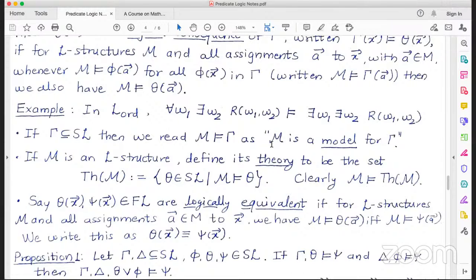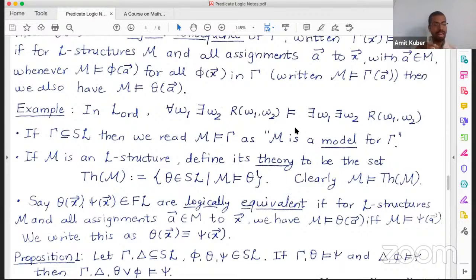Universe is on the semantic side. Both of them are semantic. We first fix a universe. We have to fix the interpretation of all the non-logical symbols in the language, which means constant symbols, relation symbols, function symbols. And once we have fixed that, that becomes an L structure.